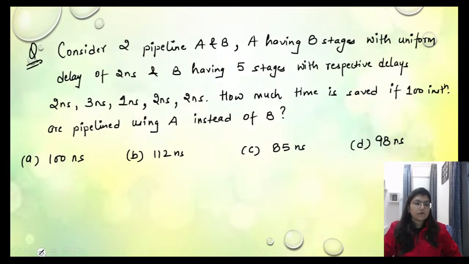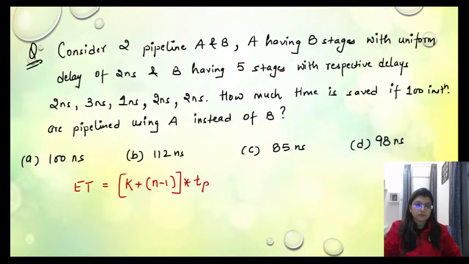So we all know this formula. What is the formula for calculating the execution time for a pipeline?